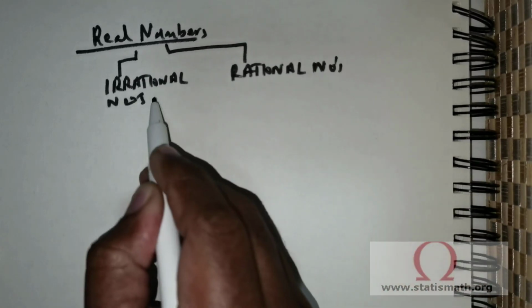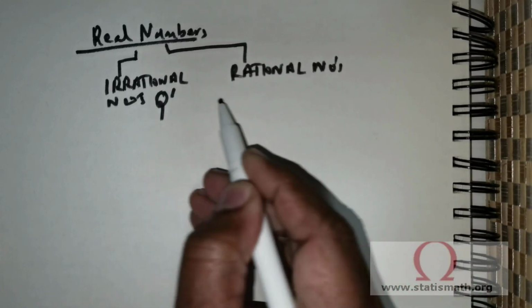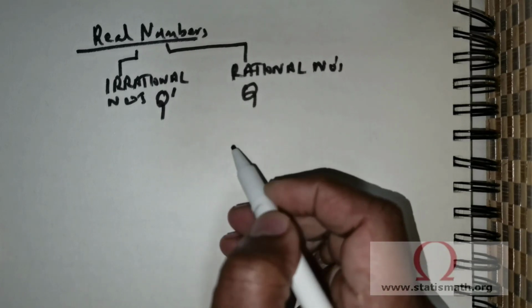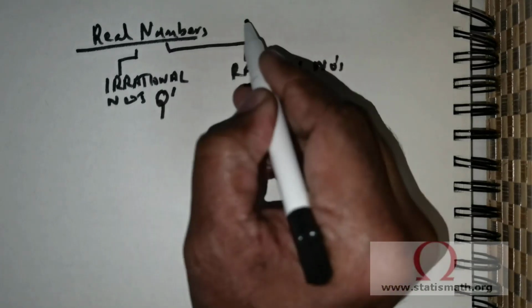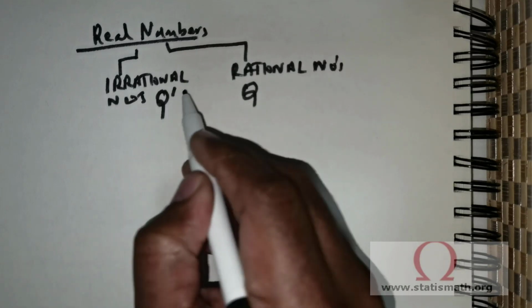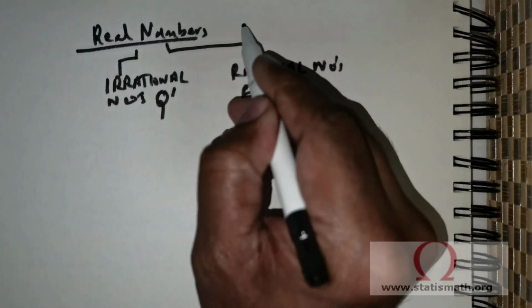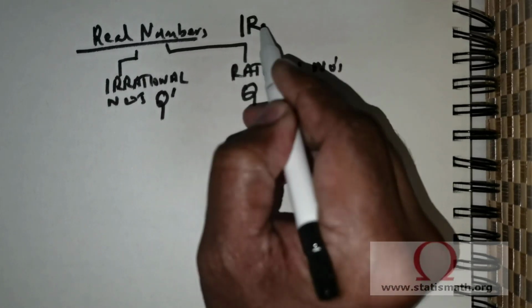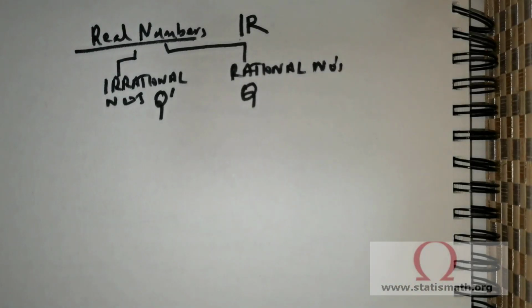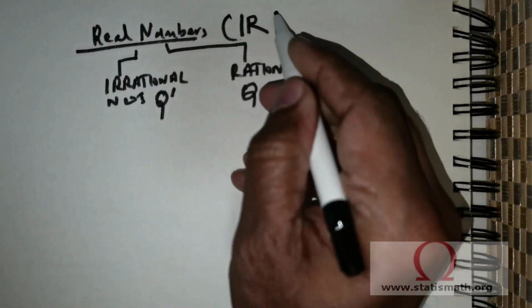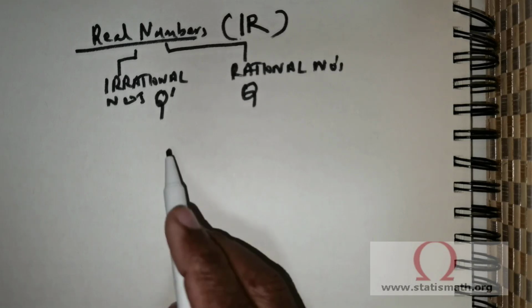Irrational numbers are represented as Q prime, rational numbers are represented as Q. Irrational numbers and rational numbers make up the real number set, which is represented with R. So this is the representation that you have to know.